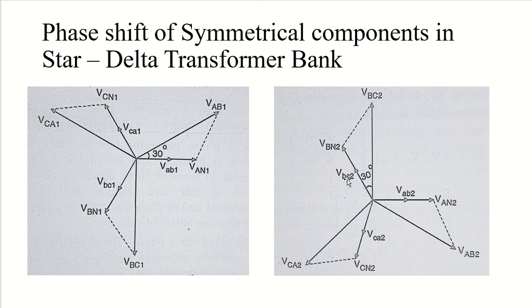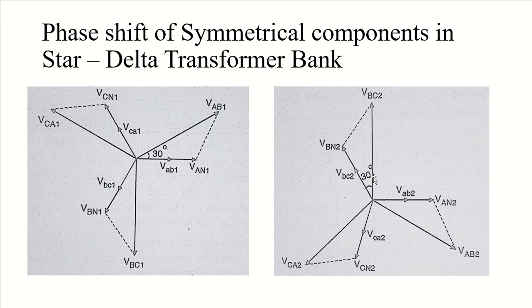This bn2 or bc2, whatever you want to consider, are the star side quantities, and capital bc2 are the delta side quantities. So you can see that the delta side quantities are leading the star side quantities by a 30-degree angle, right?